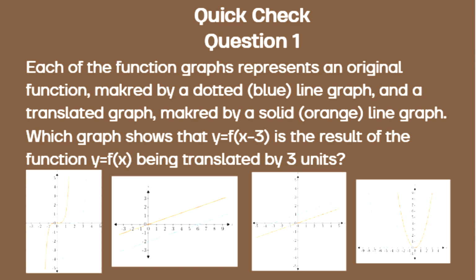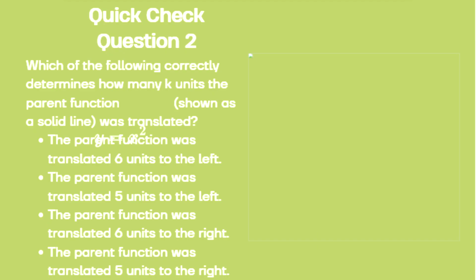Then what you need to do is go from blue to orange and figure out which way they're shifting, left or right, and which one shifted 3. Okay, you'll look at the x-intercept and see which one shifted 3 in the right direction, and then pick the correct graph.